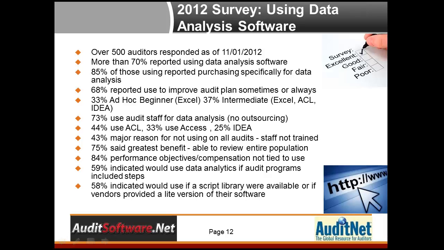Also, the majority of auditors are not using advanced techniques such as scripting or macros. I know that Rich has done a lot with scripting in ACL as well as macros. He's relied heavily on Bill Jellin, Mr. ACL, for assistance with that, but he's also gone out and learned pivot tables and all of those things. We feel that auditors should be using these tools.